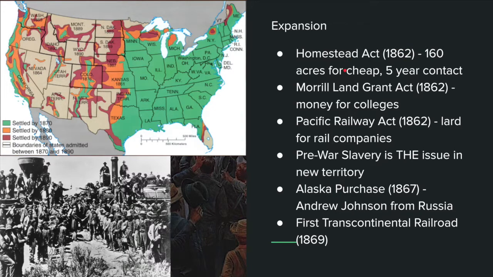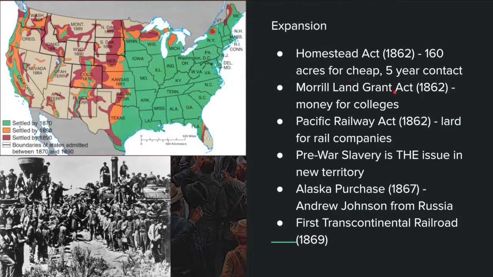And the catch is you have to stay there for 5 years, okay? So the government is basically giving away land out here in the West to settlers in order to fill it up so that we don't have Russia sneaking in, or Britain sneaking in, or Mexico taking territory, right? So we want to fill this land up so that we can make them states and we can establish America coast to coast.